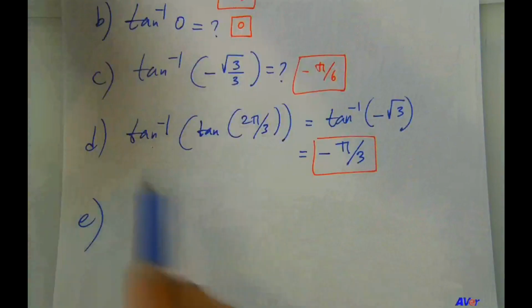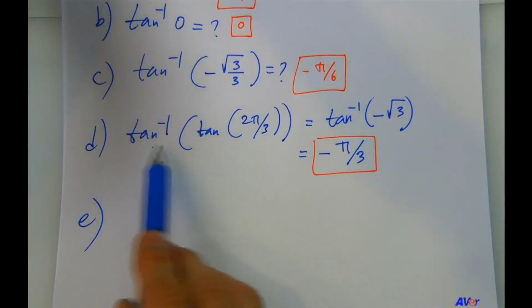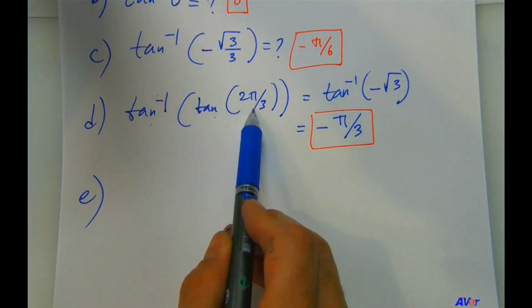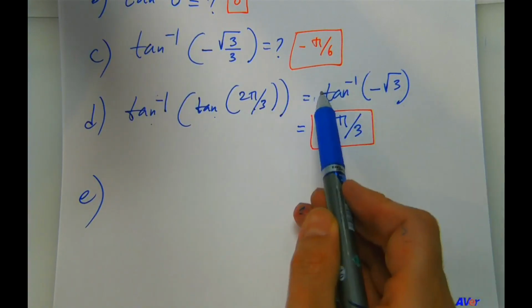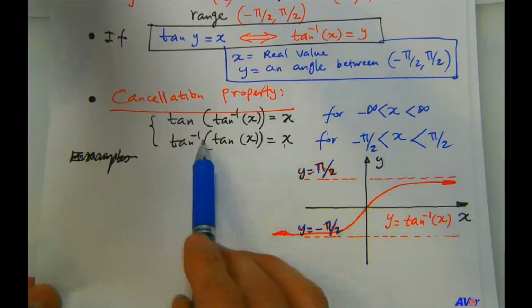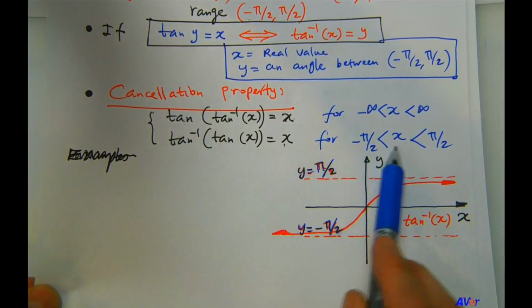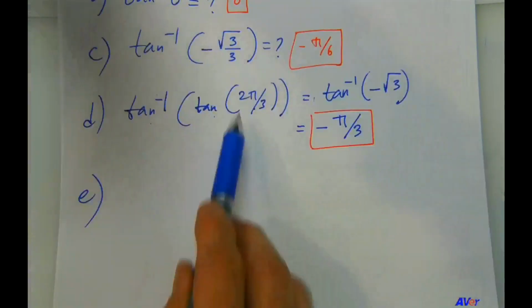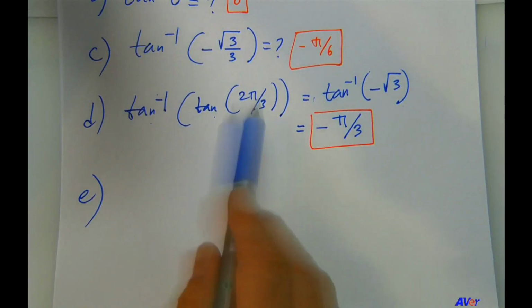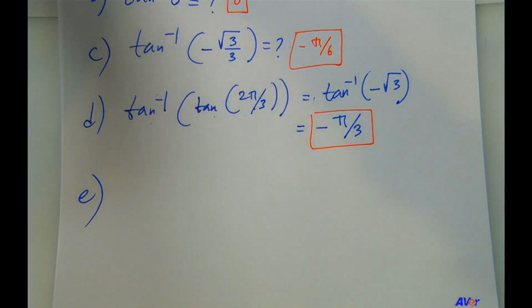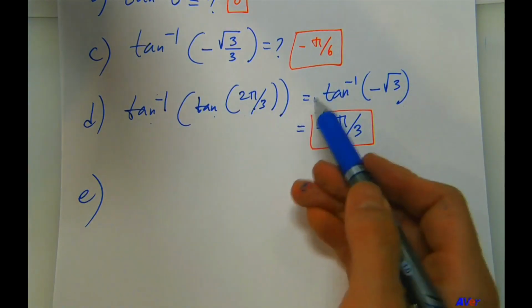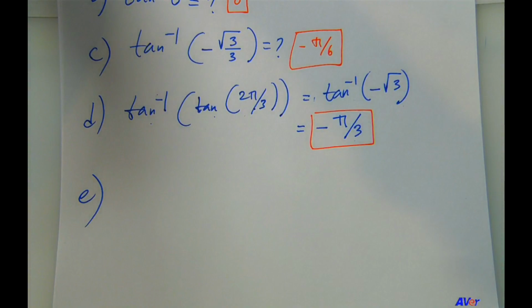You might be thinking, well, why don't we use the cancellation property, because this is inverse tangent of 2 pi over 3, so it would be equal to 2 pi over 3. No, we can't do that, because the cancellation property can be used only for x values that are between negative pi over 2 and pi over 2. And we were outside of that range, so we couldn't use it. We had to find the reference angle instead and go from there.